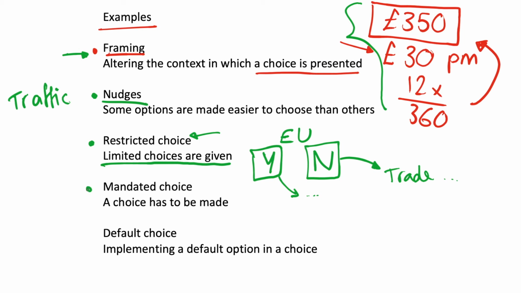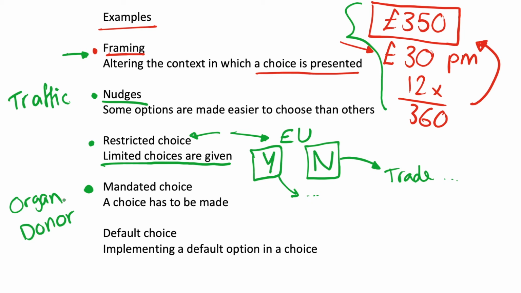A fourth one is where we have mandated choice, so we have to make a choice, and we're forcing every person to make a choice. If we have our referendum example, you don't have to cast a vote, and some people aren't even allowed to cast a vote if they're not over the voting age. But there are other things where people have to make a choice, and an obvious one of these is whether you want to be an organ donor, which we see in lots of countries.